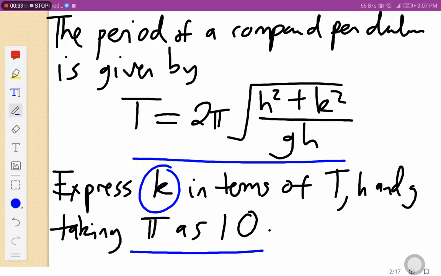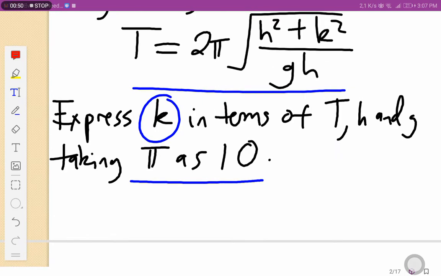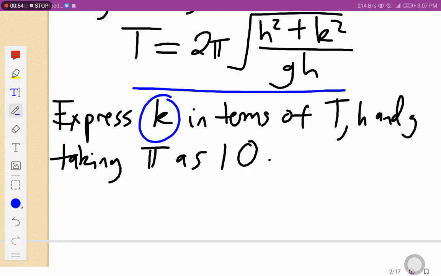Okay, so what we do here is this: we are going to solve this one. First of all, let's write our formula. For the first thing, we are going to remove the square root. To remove the square root, it's the same as multiplying by 2 everything.